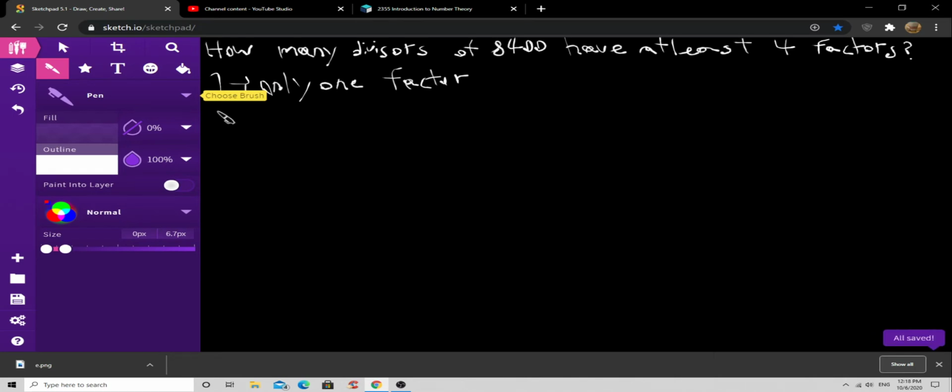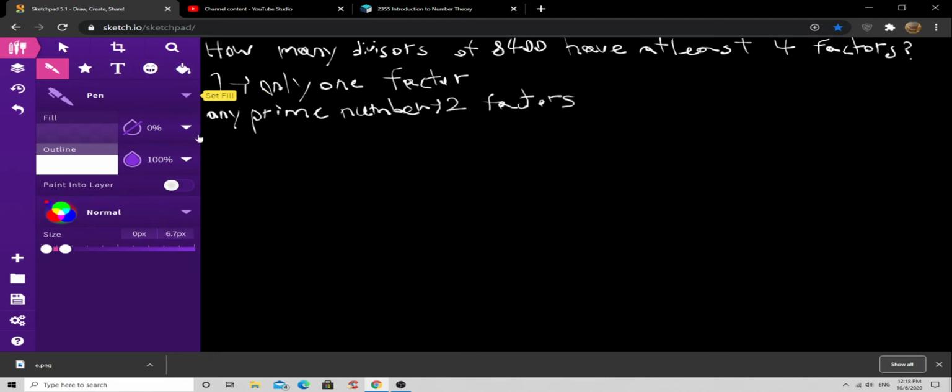And let's notice that any prime number has two factors or divisors. I can easily prove this.